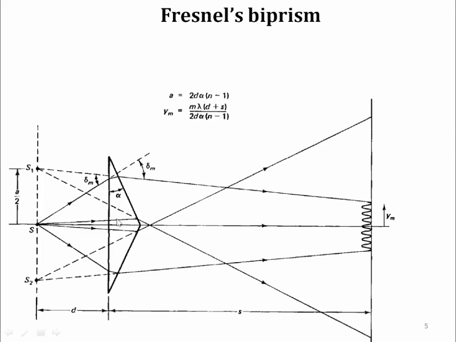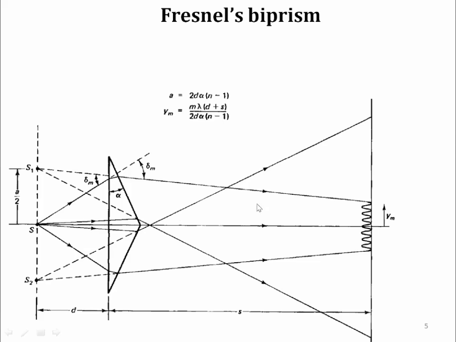There is one prism like this one, and there is another prism like this downwards, correct? So this is a biprism. It's not like we take two separate prisms and connect them with some glue. No, we actually produce this from a single piece of glass and give it this specific shape to obtain the Fresnel biprism.